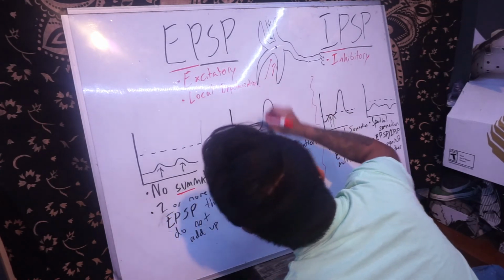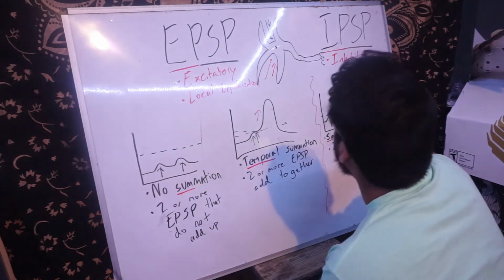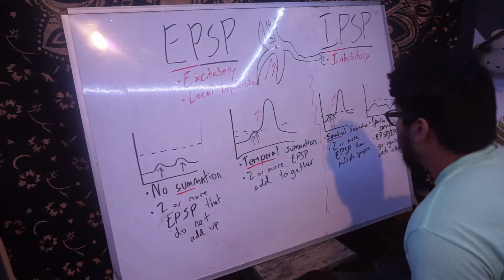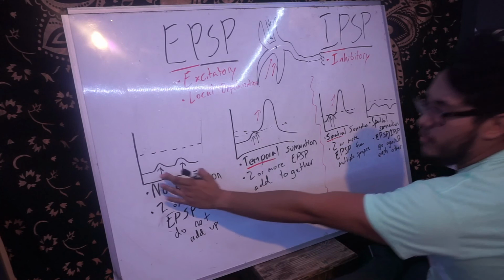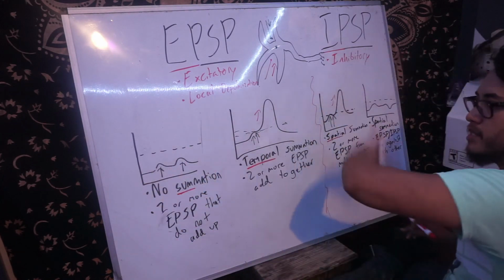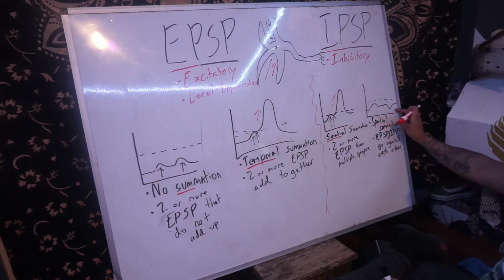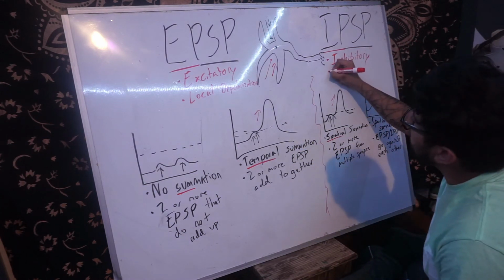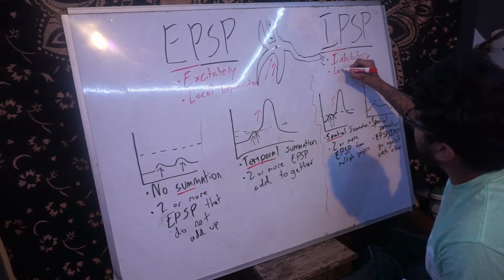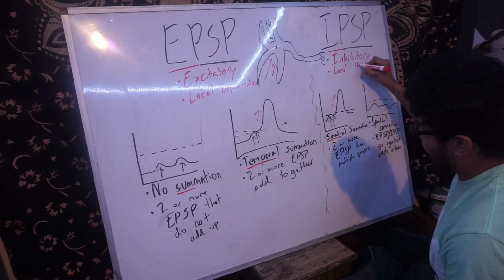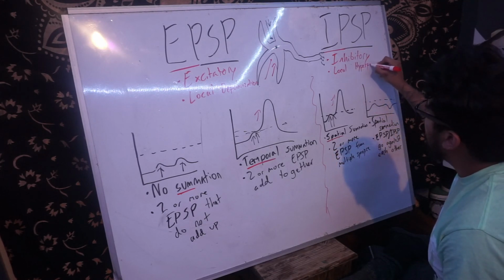And we remember depolarization is going up, right? This is all depolarization. This is depolarization too. Any form of going up is a form of depolarization. But here it goes down. Inhibitory, just remember also, it's a form of local hyperpolarization.